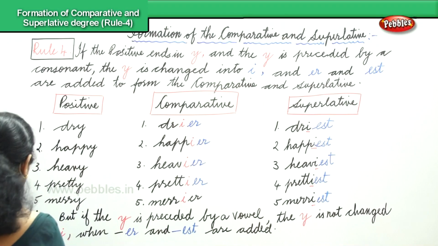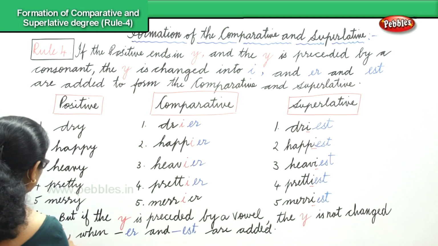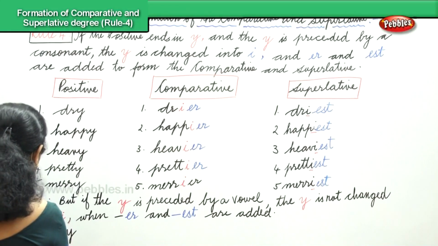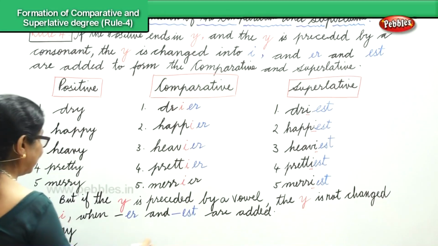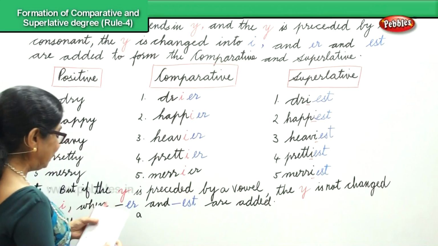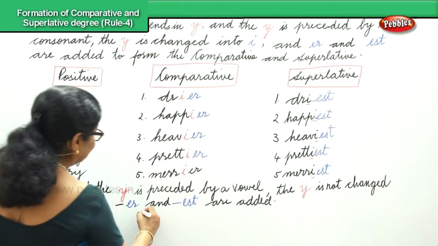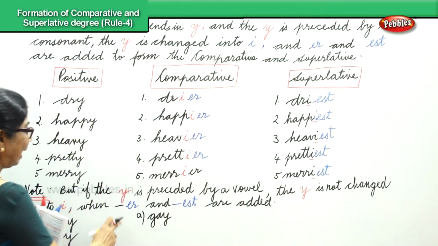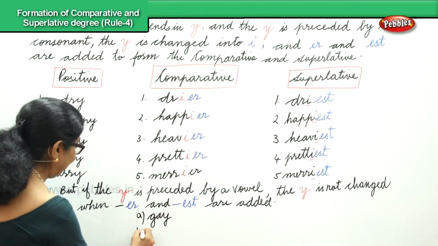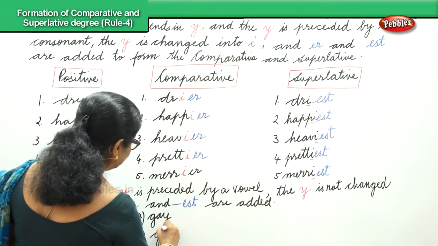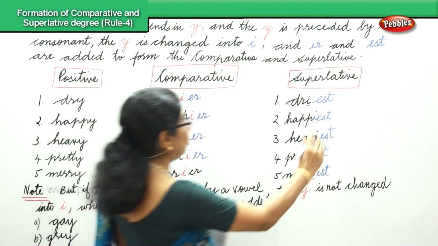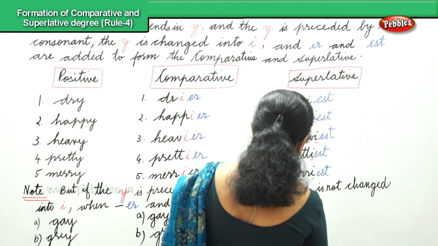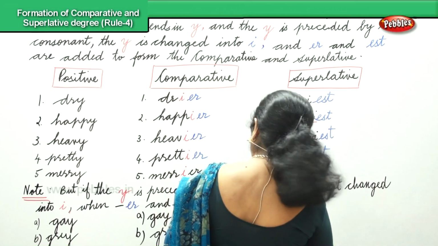I have a word gay, and finally I have one more word, grey. Just two words. So what happened? Gay, gayer. You simply add ER here. Gay and grey, and the superlative.